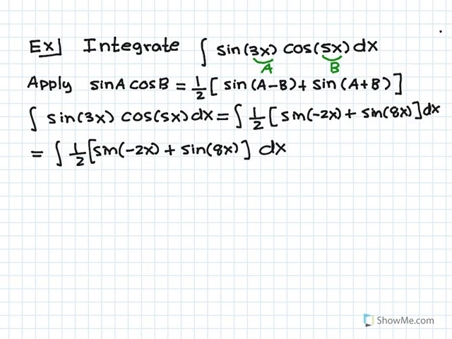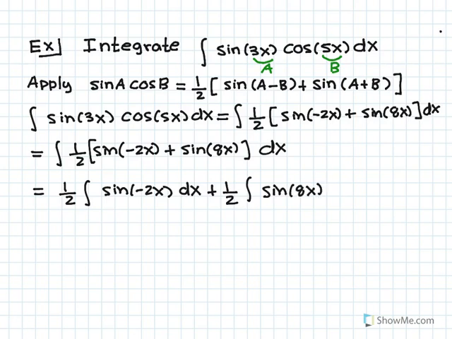Let's now split up the integrals and solve. So we have 1/2 integral of sine of minus 2x dx plus 1/2 integral of sine of 8x dx. Now reversing the chain rule, the integral of sine of minus 2x is going to be, the integral of sine is negative cos, keep the inside intact, and divide by the derivative.